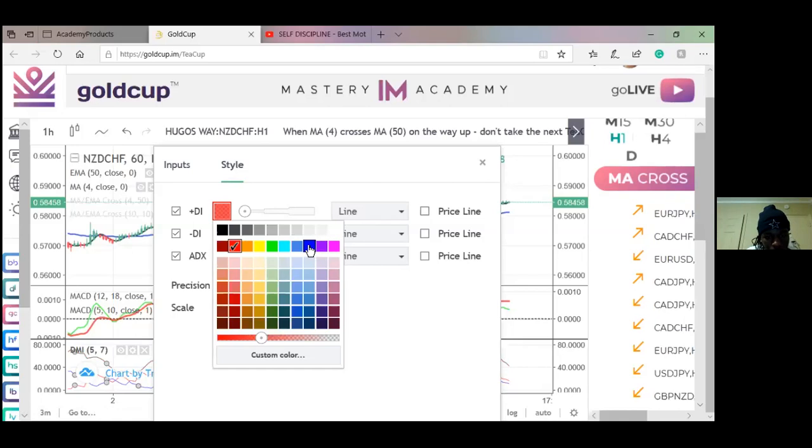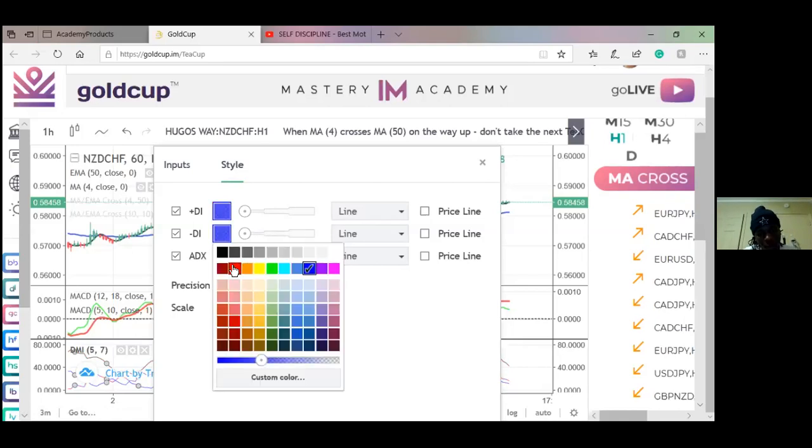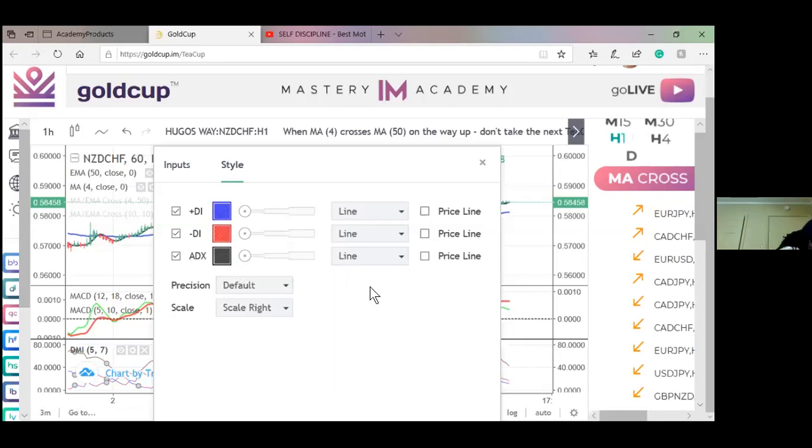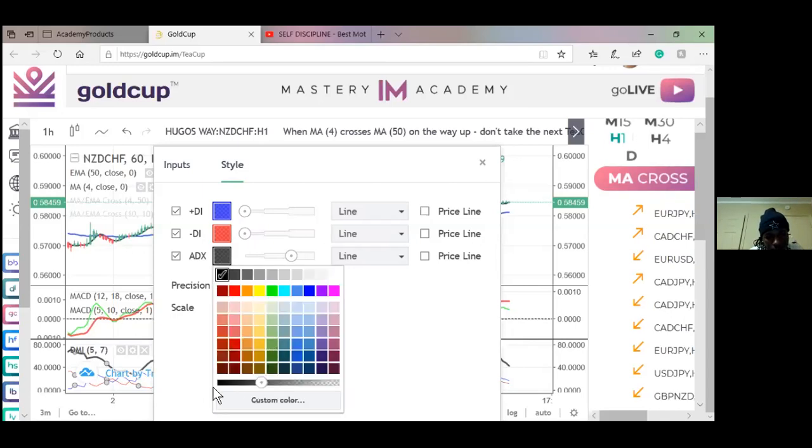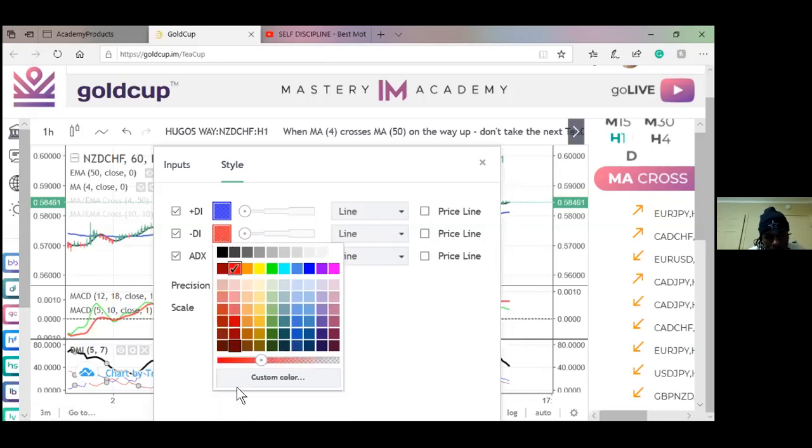Blue, red, and black. Precision, 4. And on the black, put it to about 3. And if you want, you can make it like a darker black, make the colors dark.